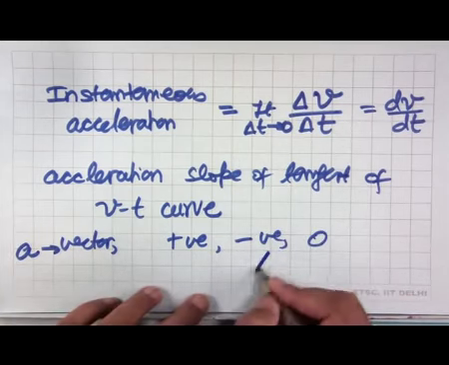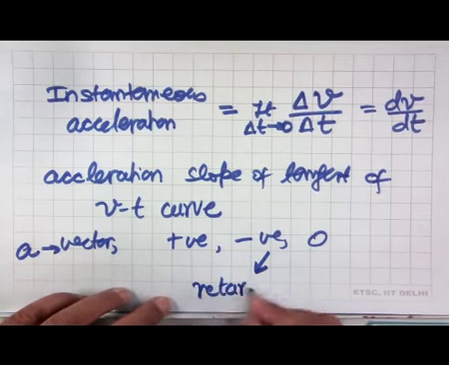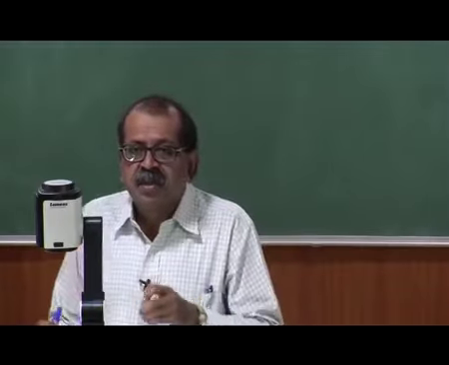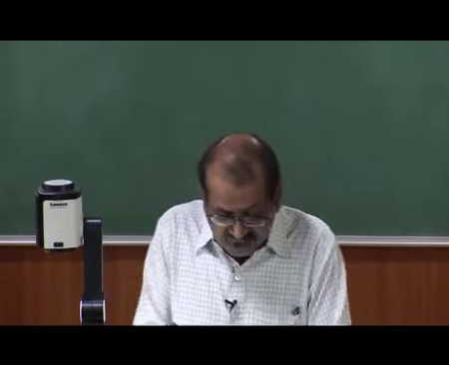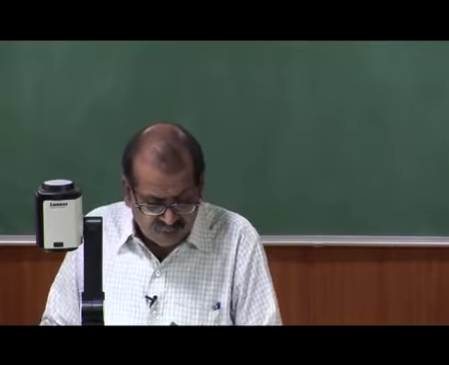Sometimes the negative acceleration is also referred to as retardation, and if the term retardation is written, then the negative is assumed, that means the velocity is decreasing with time.